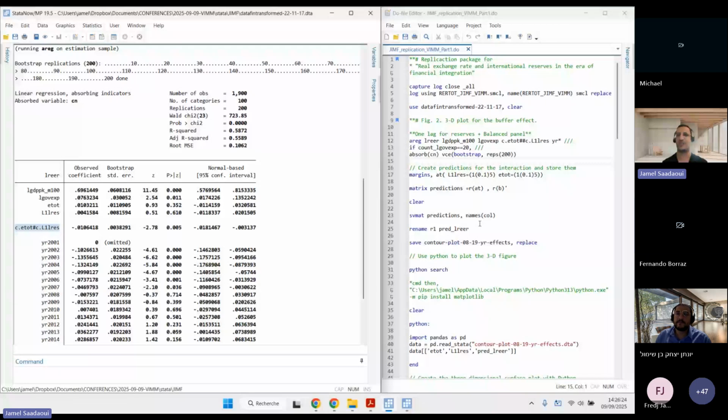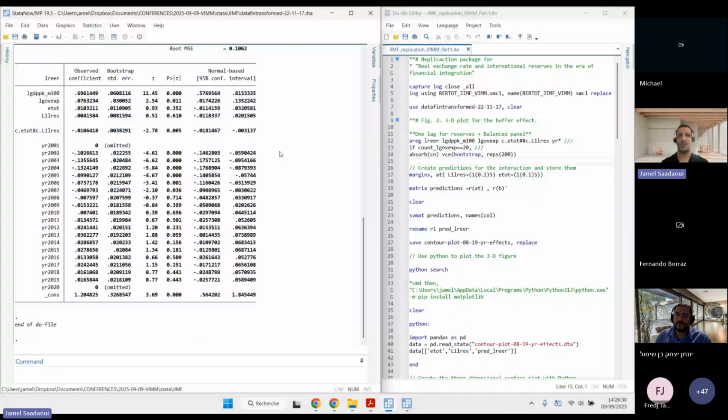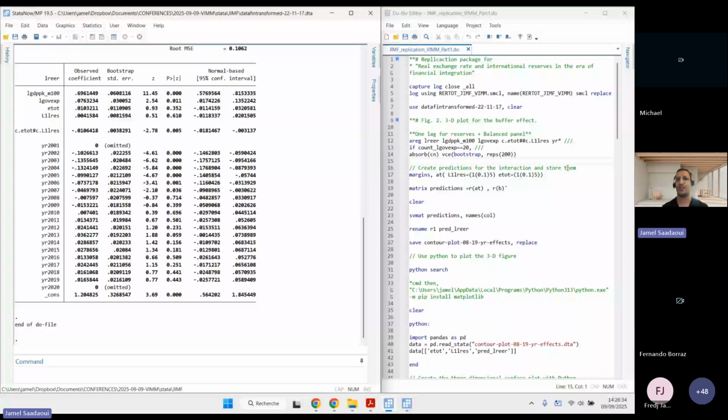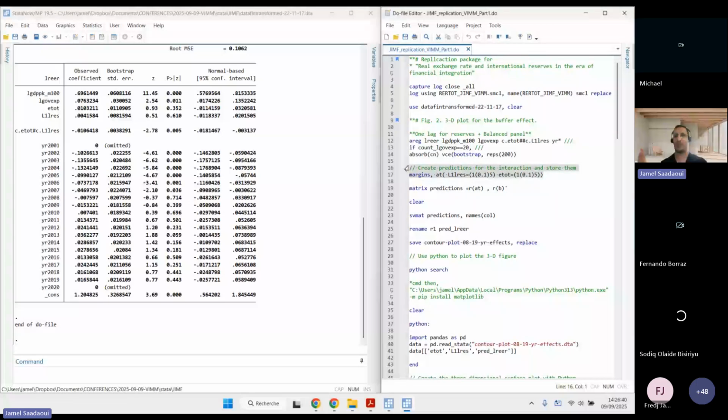So what I can do, I have this equation. I have a non-linearity here, the interaction term. I will pass to Stata the linear prediction using margins. First, I compute the linear prediction of the real effective exchange rate using this margins command, and I will pass the prediction into a matrix.